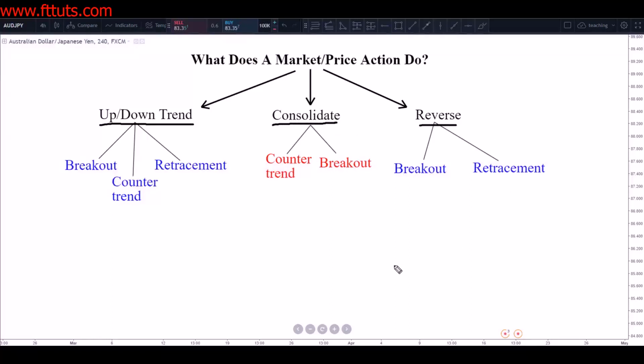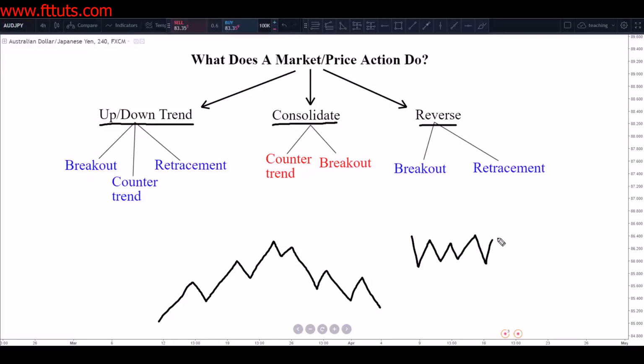These are all things we're going to go over in today's video briefly, and then again, we'll be taking a look at these in more detail later on. But this is what the market can do. It can either trend, meaning making higher highs and higher lows, or vice versa, lower lows and lower highs. It can consolidate and just move sideways, or it can be in a position that gives us an opportunity to trade a reversal.